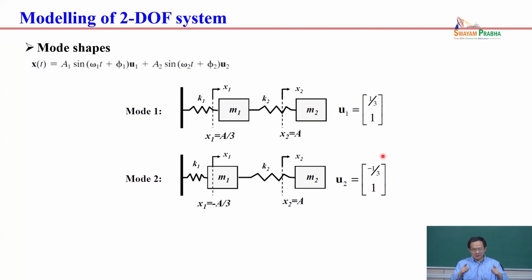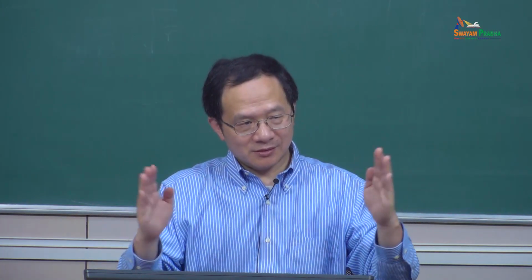One is in phase, another out of phase. Another is the amplitude ratio, that is negative 1 to 3. So this means mode shape. You can set up the system to vibrate looking like a single degree of freedom system, right? The only thing is that it is in the mode shape. So it comes down to that.